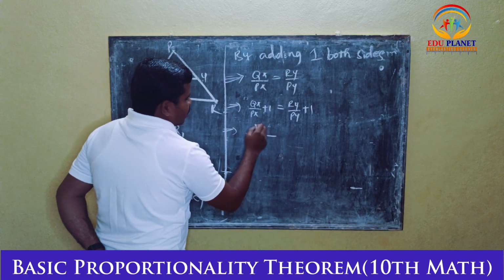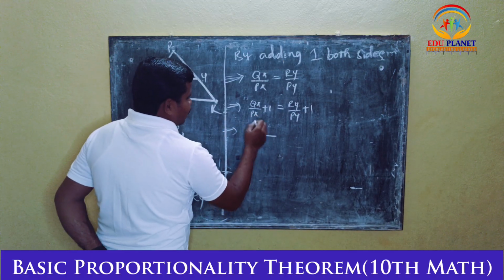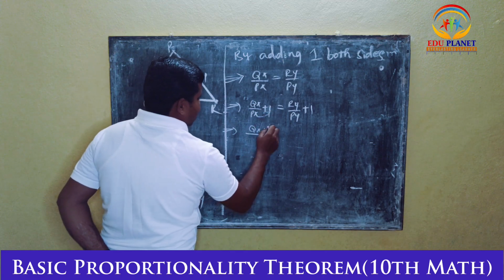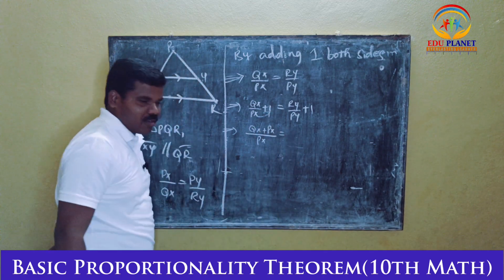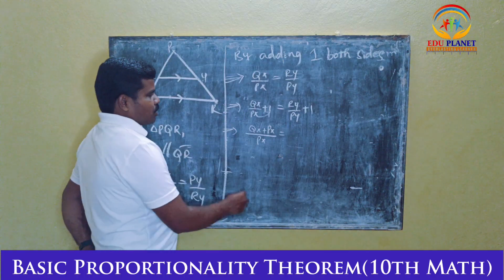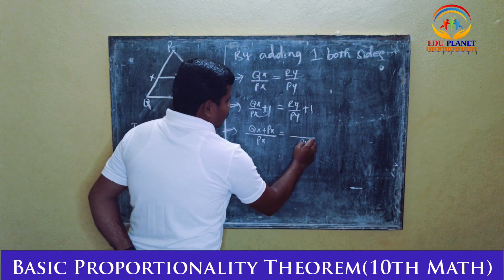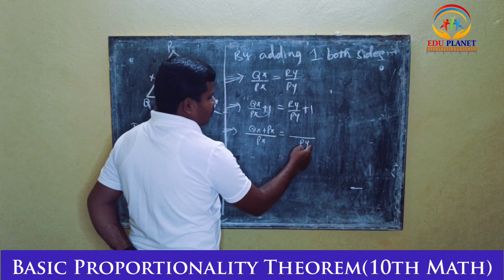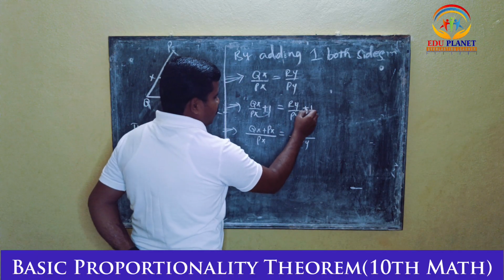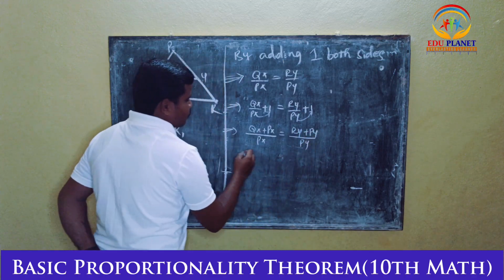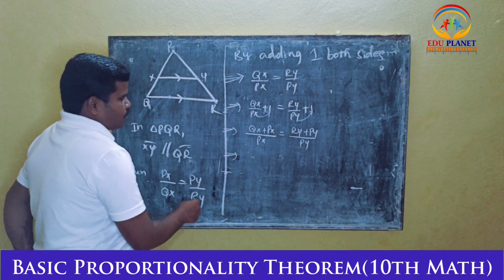It would be in the denominator PX, in the numerator QX plus PX ones PX. You must have good knowledge about LCM, taking LCM. On the right side, the denominator would be PY, in the numerator RY plus PY ones PY. Check the figure.